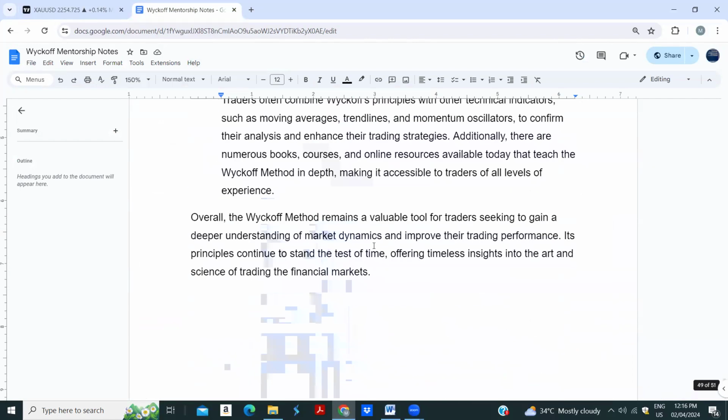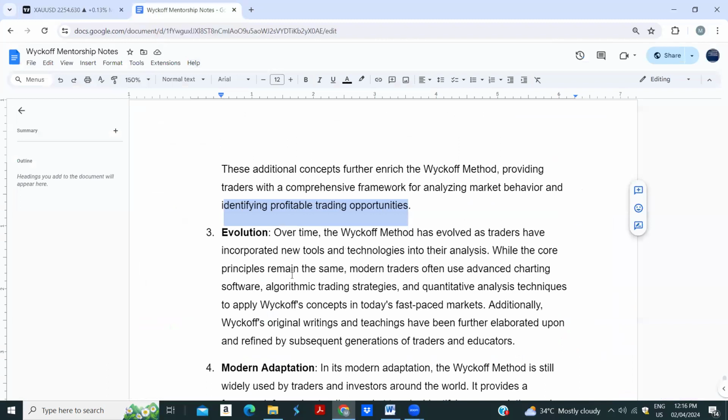Now we're going to read the last few things here, the evolution. Over time, the Wyckoff method has evolved as traders have incorporated new tools and technologies into their analysis. While the core principles remain the same, modern traders often use advanced charting software, algorithmic trading strategies, and quantitative analysis techniques to apply Wyckoff concepts in today's fast-paced markets.